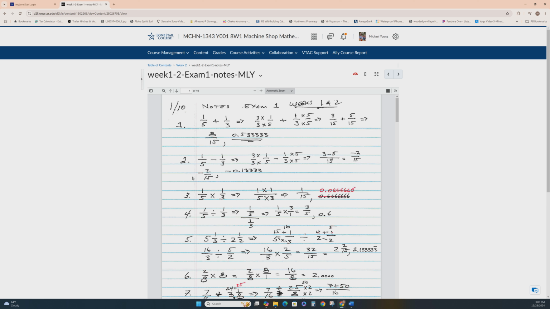That's the answer. This is the digital equivalent, negative 0.1333. Now, the evil math nun in your past may have told you that a negative number was imaginary. There ain't nothing imaginary about it. It's going in the opposite direction.